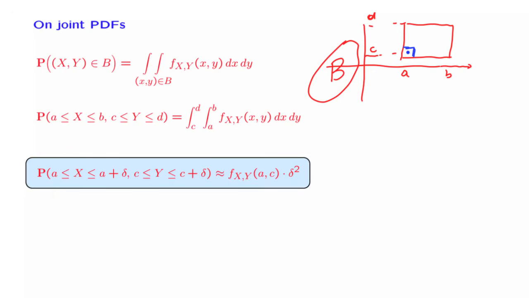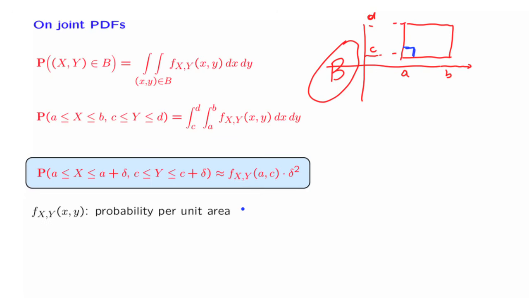It is equal to the value of the function that we're integrating at some point in the rectangle, let's take that corner, times the area of that little rectangle, which is equal to delta squared. So we have an interpretation of the joint PDF in terms of probabilities of small rectangles. Joint PDFs are not probabilities, but rather they are probability densities. They tell us the probability per unit area.